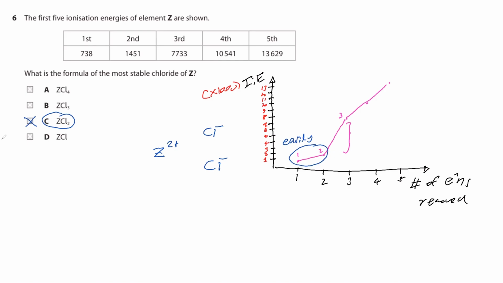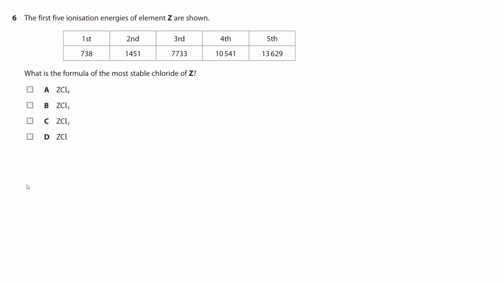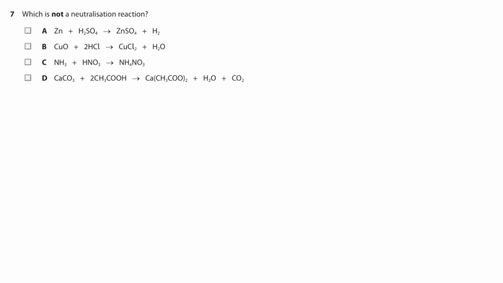Right. Let's move on to question number 7, which asks which is not a neutralization reaction. In this one, you have to understand the definition of neutralization. Neutralization is the reaction of an acid with an alkali.